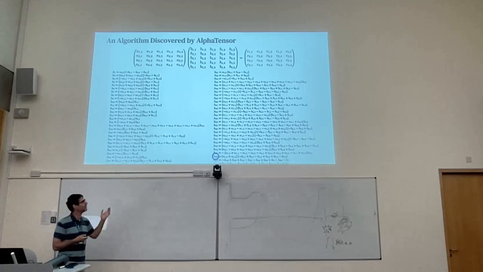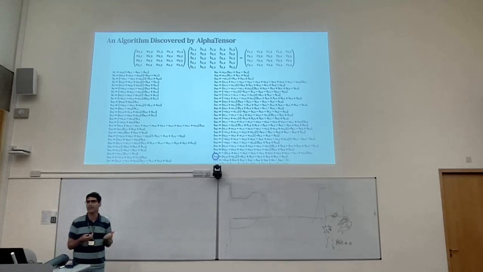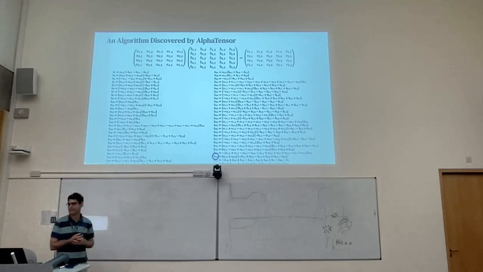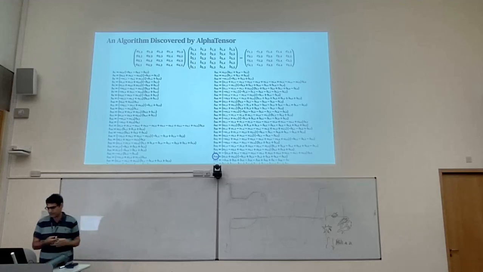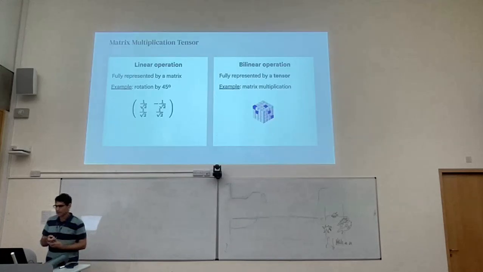Like, why do you group the coefficients in this particular way? There's no clear structure behind it. It's hard for humans to find these.